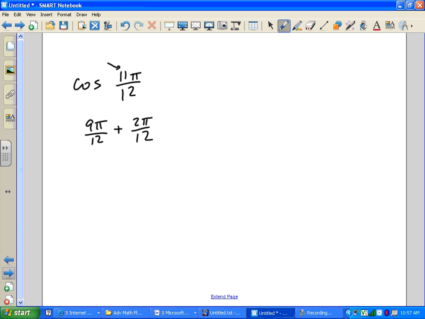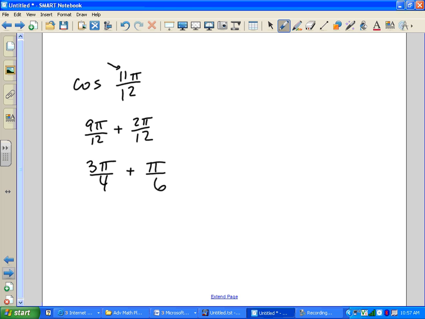That would give me 11 pi over 12. I'm trying to either add two angles or subtract two angles to get 11 pi over 12. And now if we reduce these, this would be 3 pi over 4 and pi over 6, wouldn't it? Aren't those on my unit circle?